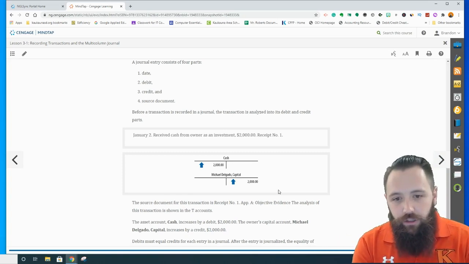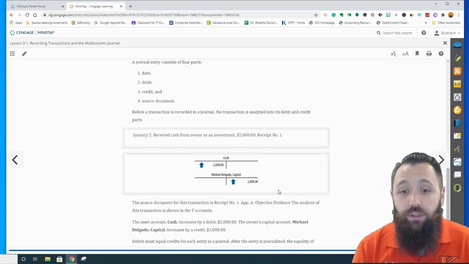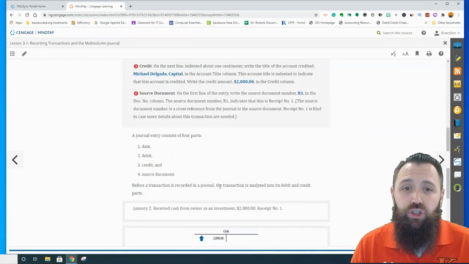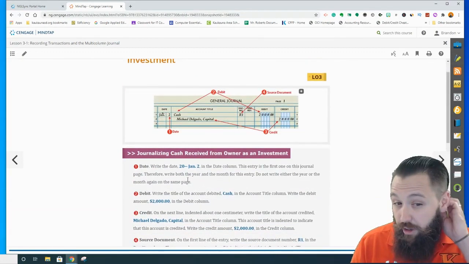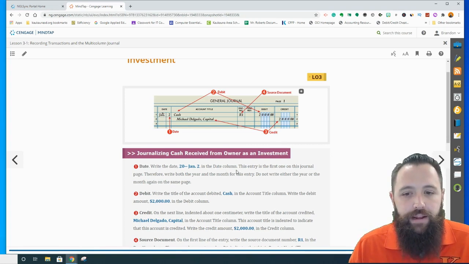So when we do that, we actually write out our T accounts. This is still a great thing to do. But once we do that, we can use this information to journalize in our journal. So the first thing that we're going to do is write the date. And here we wrote January 2020 in the date column.